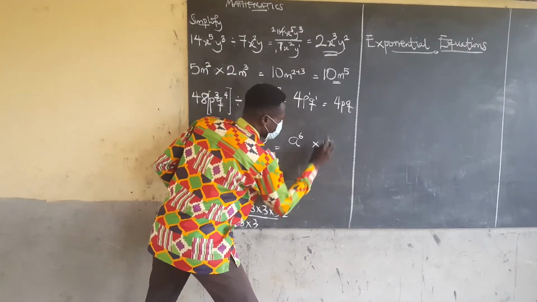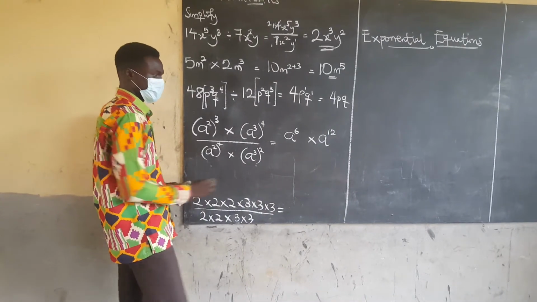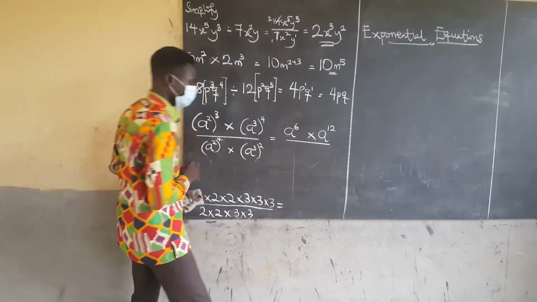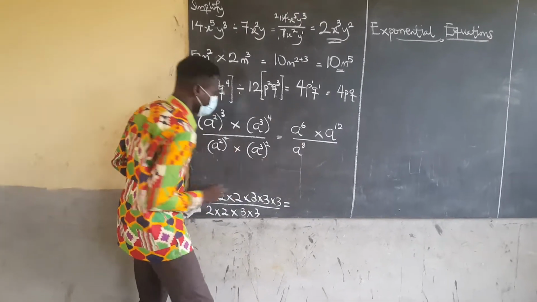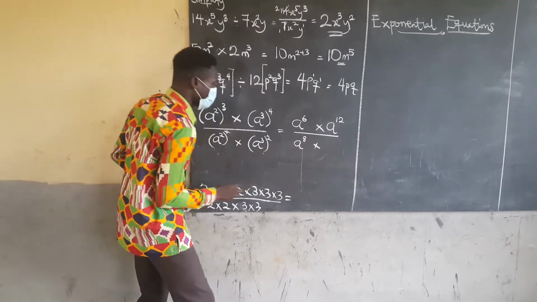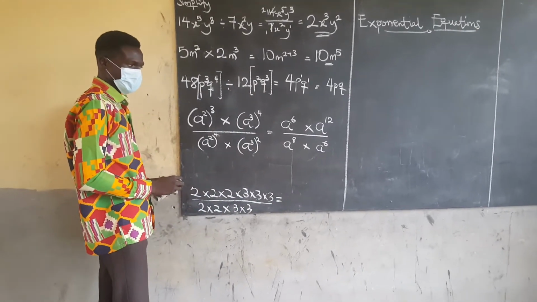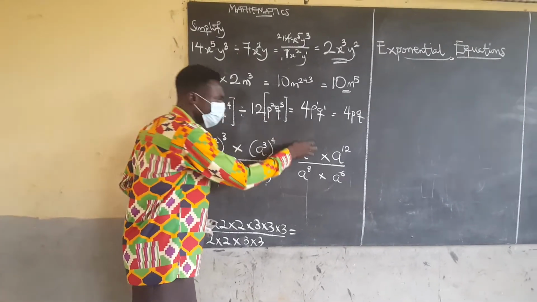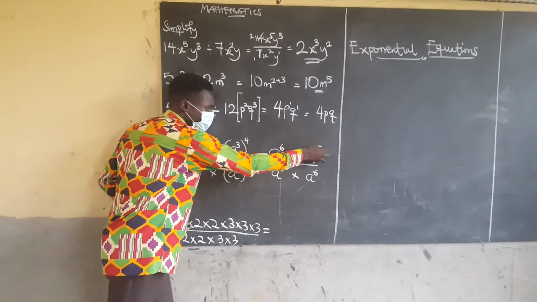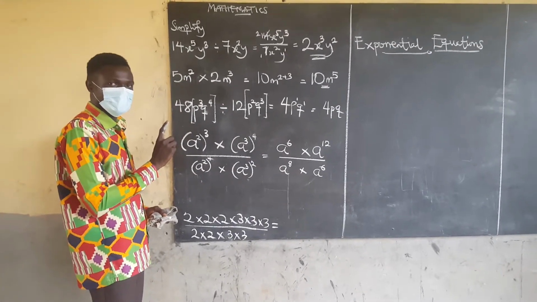So this will give me a raised to the power 12. All over the same thing here. a raised to the power 8 times a raised to the power 6. So we can say that this has been simplified to this, and also to that, using the third law of indices.